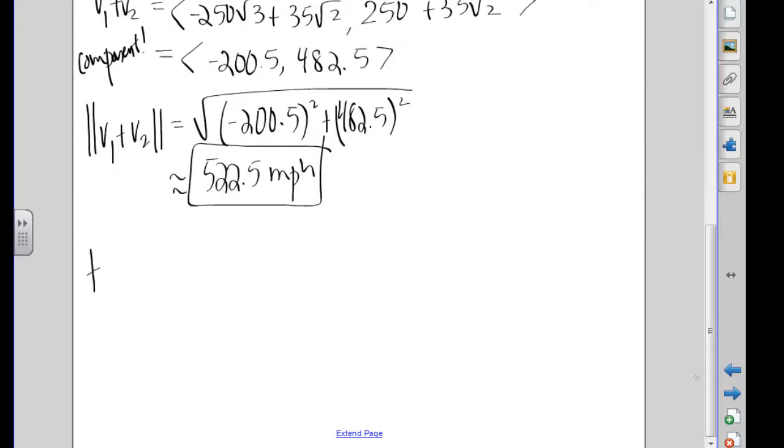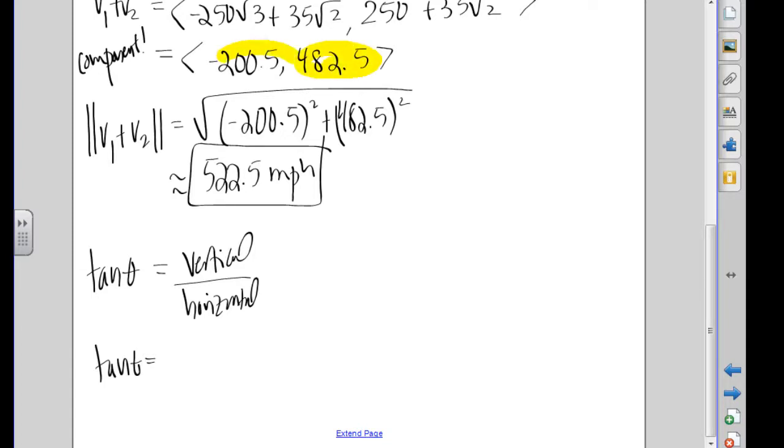So we can use tangent of this theta is equal to the vertical component all over the horizontal. So tangent of theta, let's see, my vertical component was 482.5, and my horizontal is the negative 200.5. So plug in numbers.